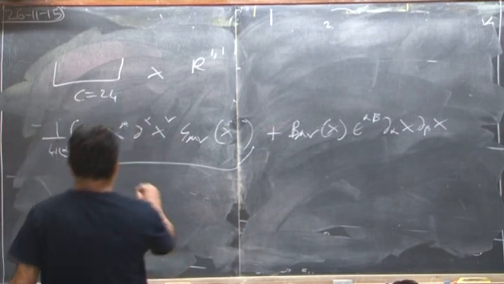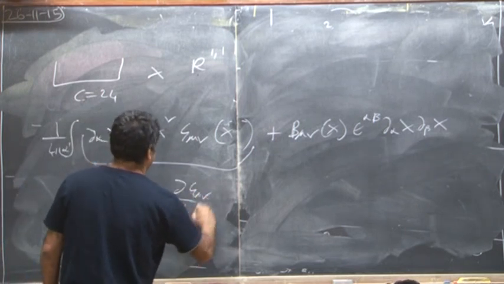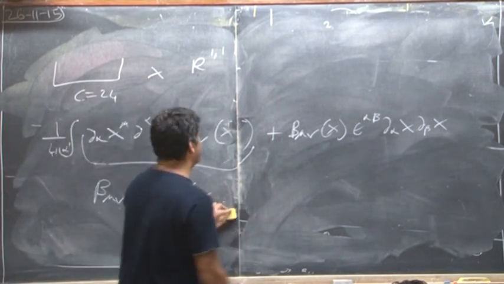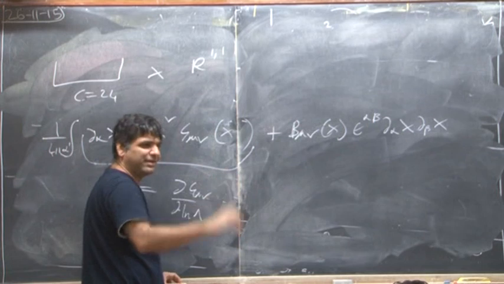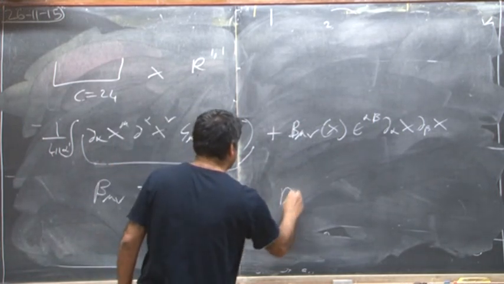So beta mu nu, which is d G mu nu by d log lambda, and he will find, in the simplest case, let's say with B equals 0 and nothing funny happening with the dilaton, as he explained to us, that it is proportional to R mu nu.